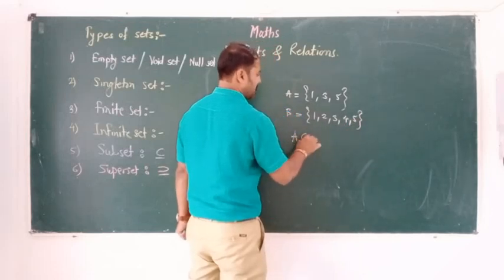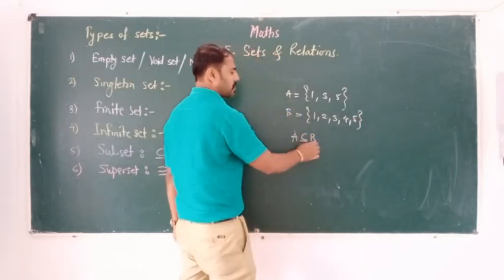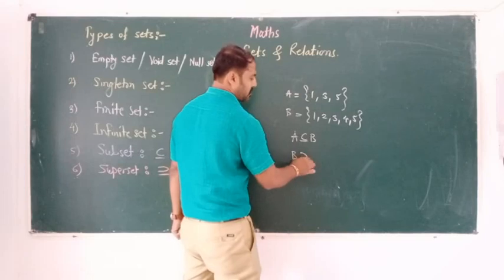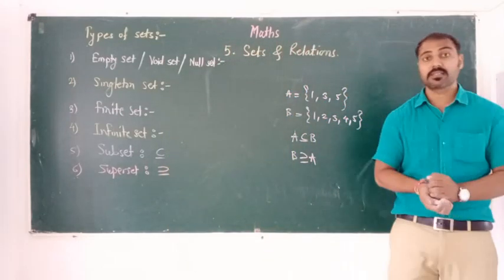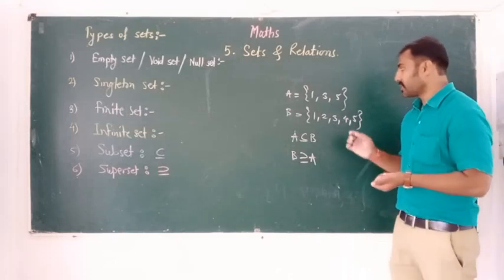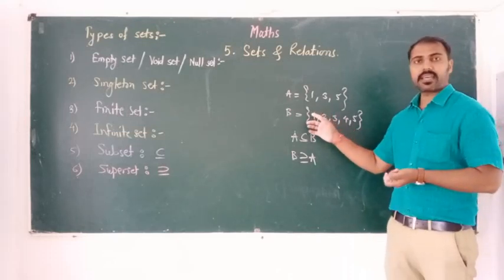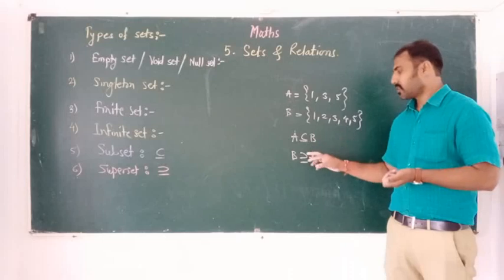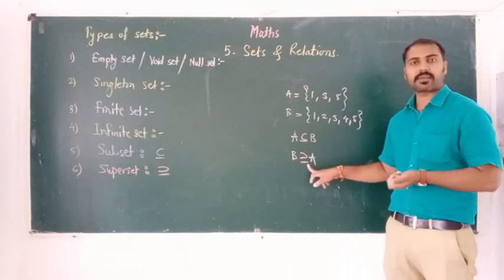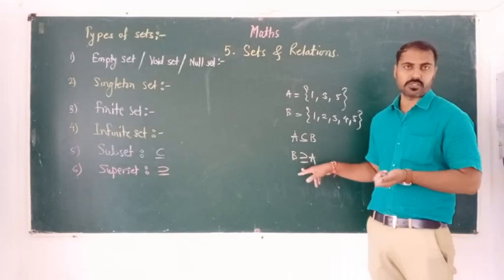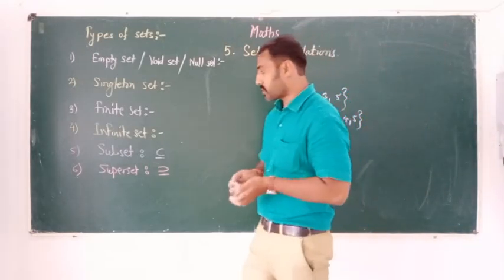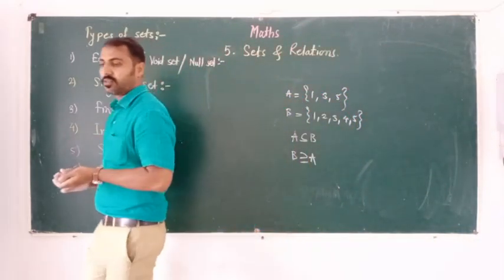Clearly A is subset of B. When A is subset of B, then B is called superset of A. म्हणजे इथे काय लक्षात ठेवायचं आहे, A हा जर B चा सबसेट असेल तर B ला सुपरसेट म्हणायचं आहे A चा, and for denoting superset this symbol is used.